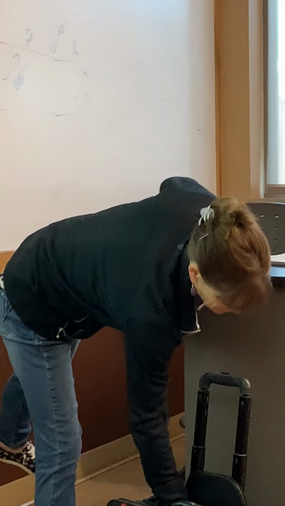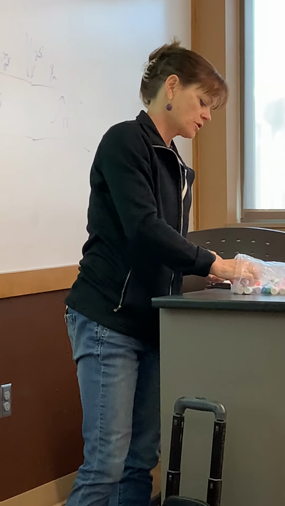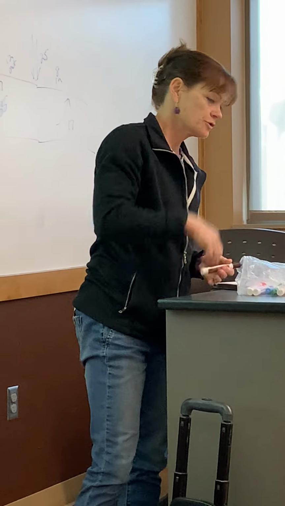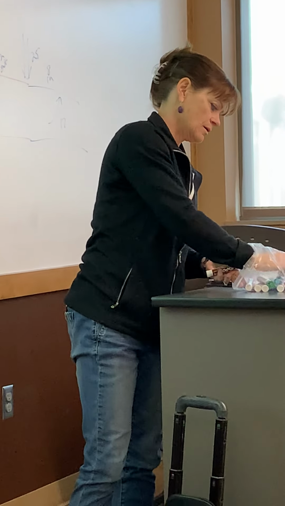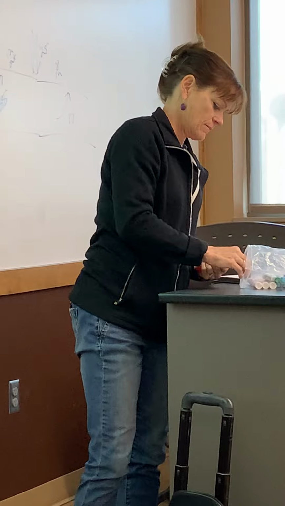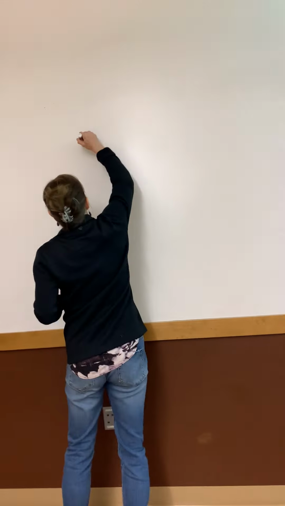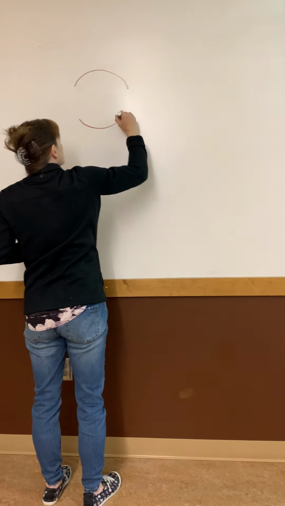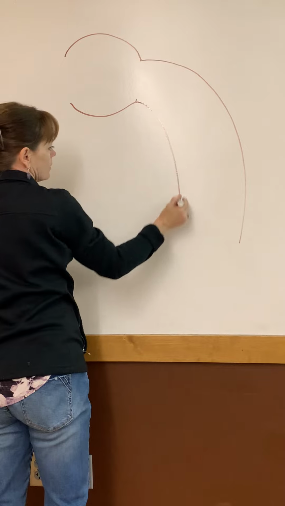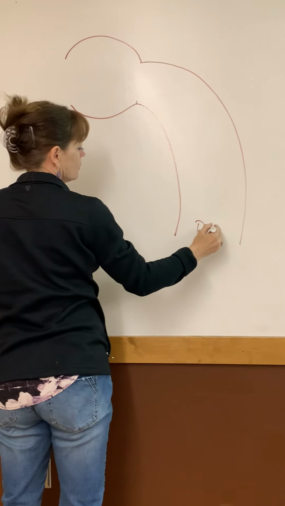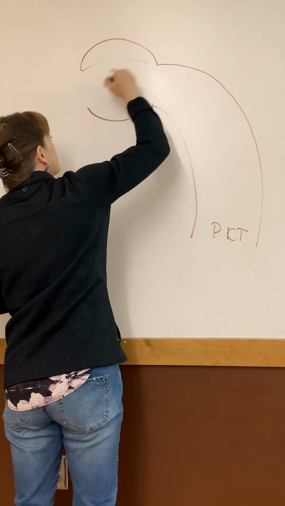As I said, most of the reabsorption occurs at the level of the proximal convoluted tubule, the first twisty tubule after the Bowman's capsule. So we're going to have our Bowman's capsule like so, and we're going to have our proximal convoluted tubule, however that's going to go.